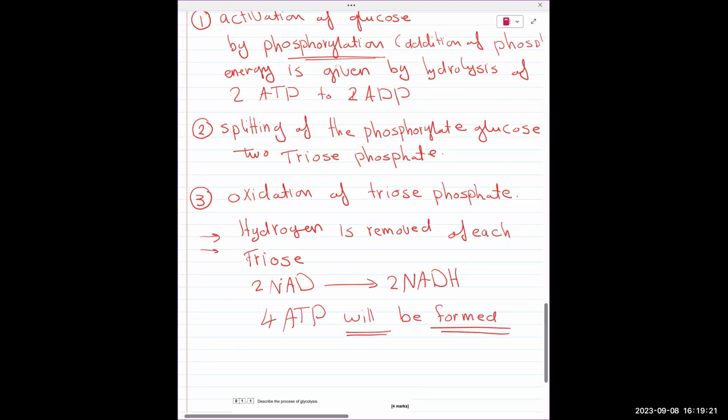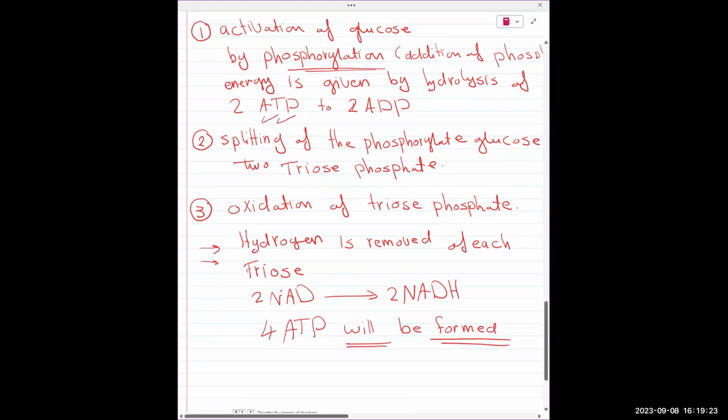So now here we paid 2 ATP. Now we are gaining 4 ATP. So we paid some energy at the beginning, but at the end we gained more. So the net production of energy here is 2 ATP molecules.